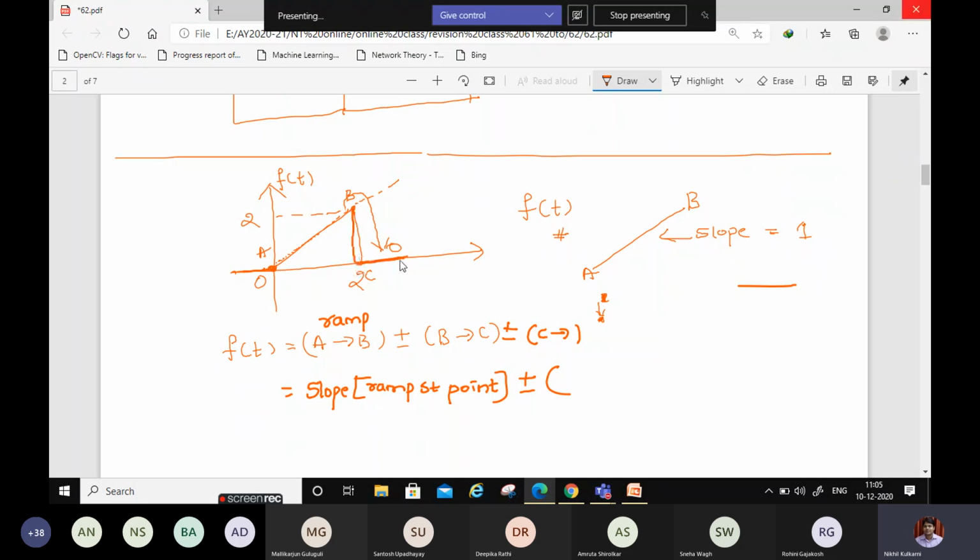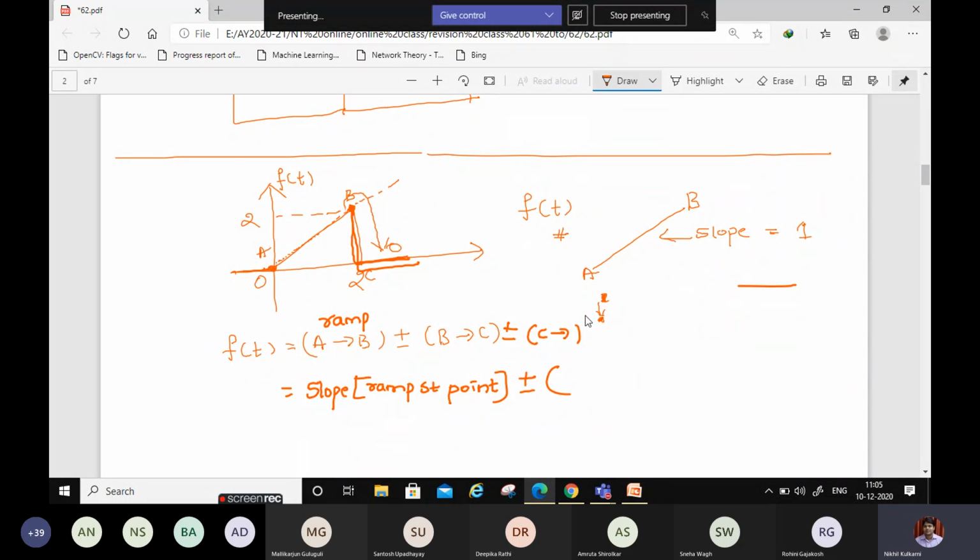So it is a step signal, a unit step signal. If you consider that step signal, you first have to stop the ramp at point B.